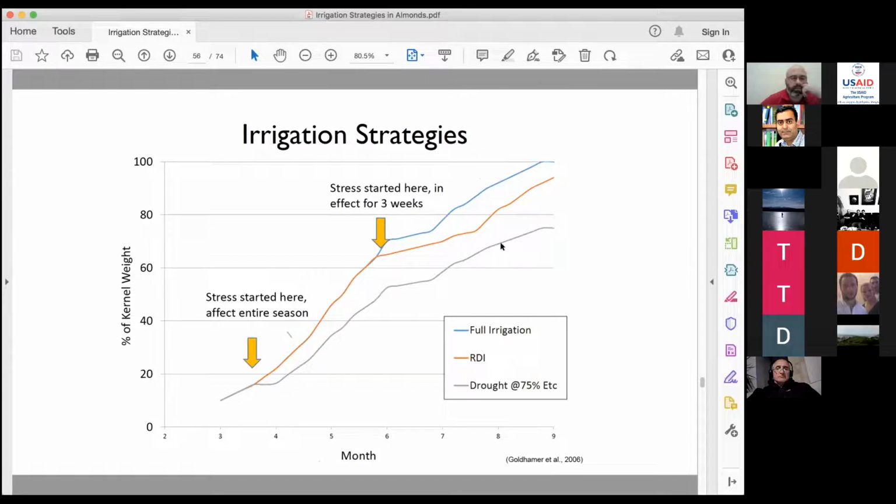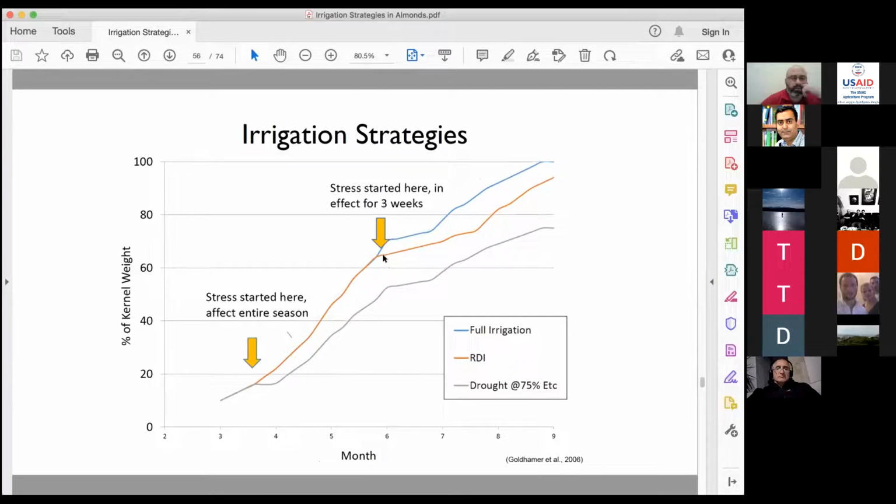But if you don't have enough water throughout the season, you can still apply 75% of water across the season and then have somewhat yield that will be less than the full yield potential.